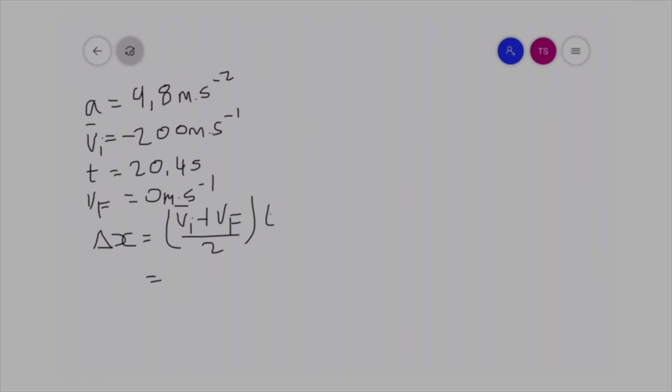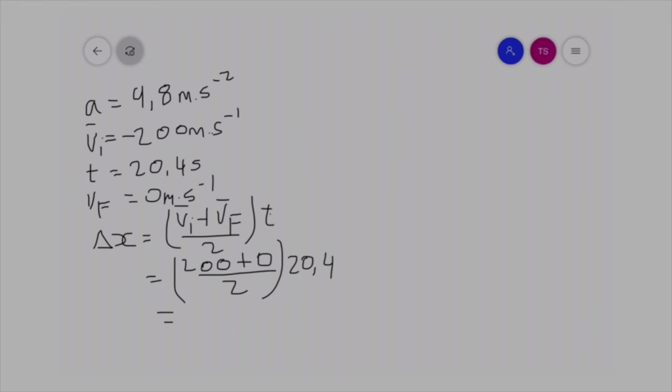Remember I said we know our initial velocity, which is 200 meters per second, plus our final velocity, which is 0, all over 2 times our time, which is 20.4 seconds.